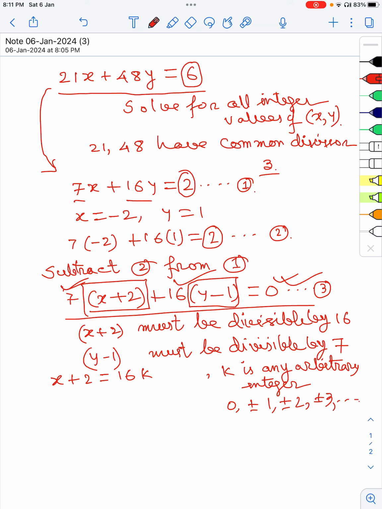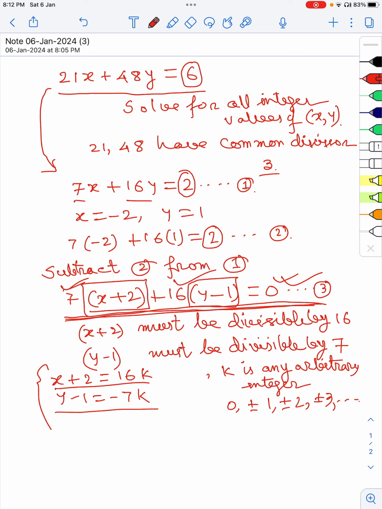Likewise y minus 1 equal to minus 7k, because 7 into x plus 2 plus 16 into y minus 1 equal to 0. For these two integer values of x plus 2 and y minus 1, equation number 3 must be satisfied.